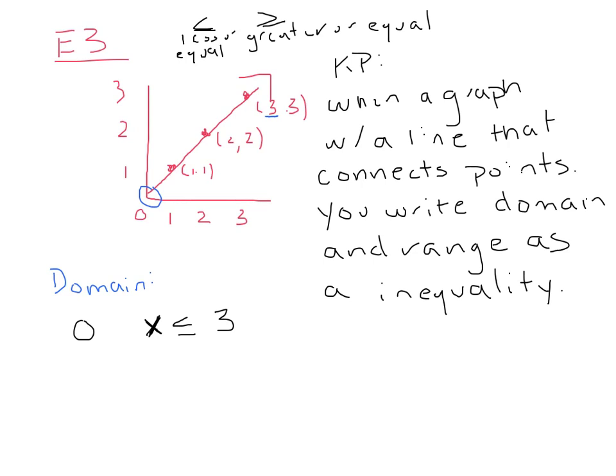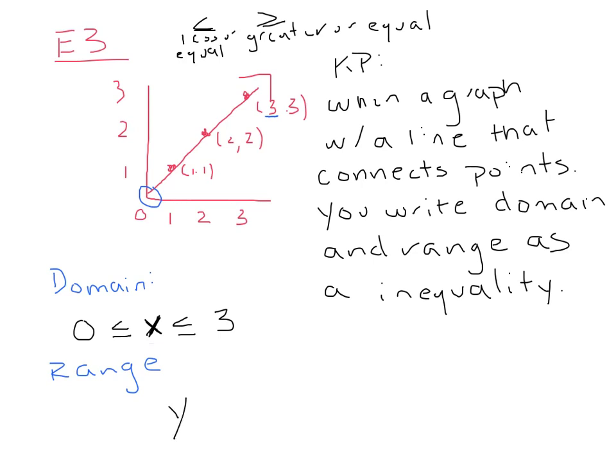So I'm going to say it has to be less than or equal to 3. 0, it needs to be greater than or equal to 0, so I'm going to put it this way. Remember, you read backwards, so we would read it like this. X is greater than or equal to 0, right? We read from the x, and here we would say x is less than or equal to 3. All right, let's go ahead and do our range as well. We're going to start with a y this time because y is range.